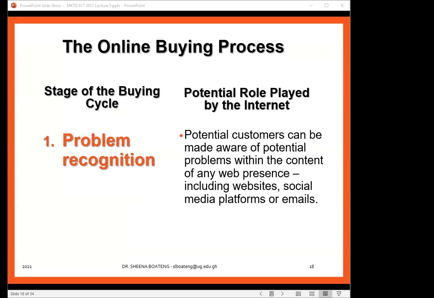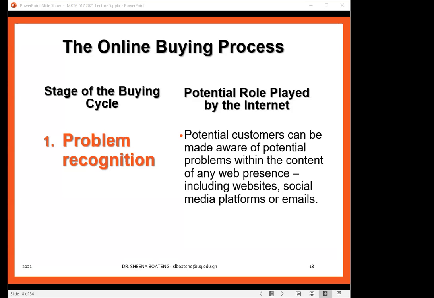So sometimes customers do not even know that they have a need for a particular product or service or item. But based on how we plan our communication online, we can be able to elicit the need for certain products and services within prospective and current customers of ours. And we can often do this using our website, since it's an owned media and we control it. The same for our social media platforms, which again is an owned media that we control. Or we can also use emails, which we also control.